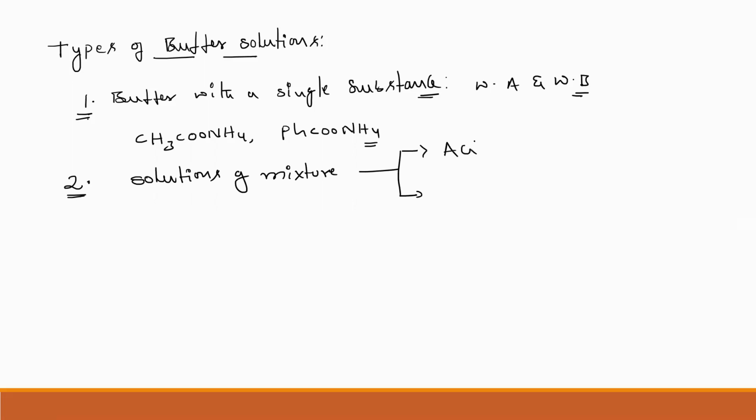One is acidic buffer and the second one is basic buffer. See, a buffer is always a combination of acid and base. Remember that. First we will discuss the acidic buffer.